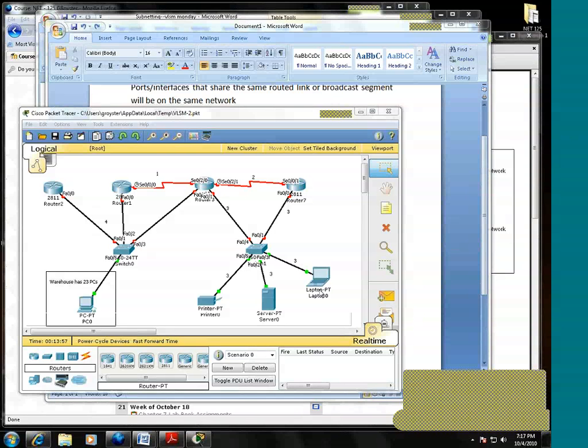Then we need to determine the host range, so it would be 2 to the 6th power minus 2. That'll be what? 2 to the 6th power is 64, minus 2 would be 62. So that means if we have 4 networks, we have 62 hosts on each network, right?